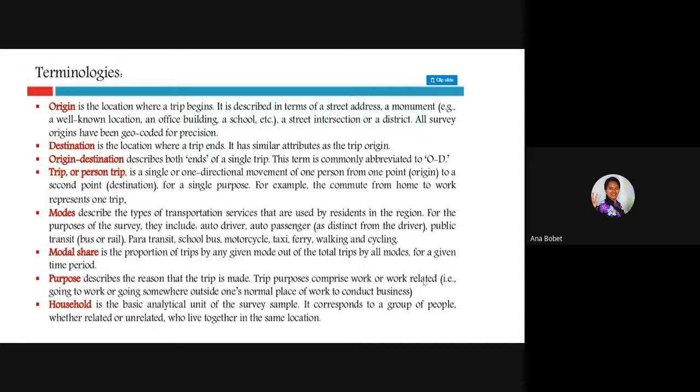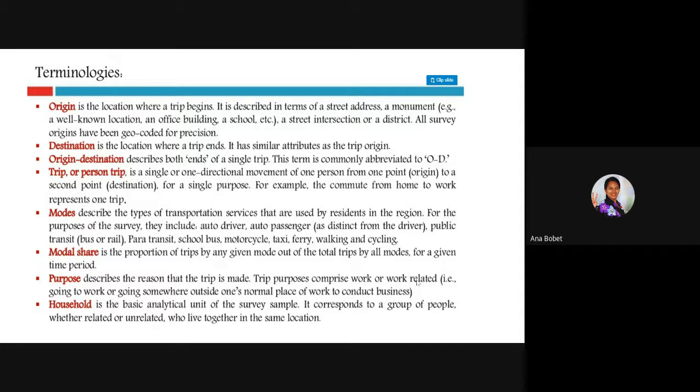The one who answers the origin destination questions is the head of the family, usually the father or the mother, so underage respondents are not allowed. Those 18 and above can answer for themselves about their trips in a day in an OD survey, but children cannot answer the questionnaire.